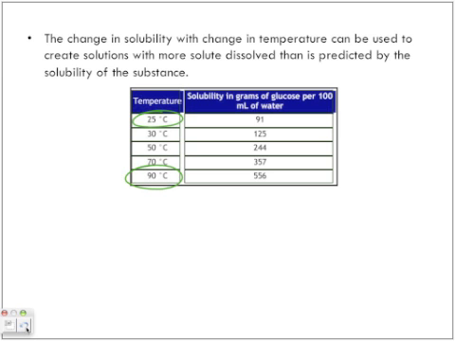So here, 91 grams of glucose can dissolve in 100 milliliters of water, right? And as we increase the temperature from 25 degrees to 90 degrees, look at the amount that we can actually dissolve. 556 grams of glucose can dissolve within 100 milliliters of water. So notice, as temperature increases, more solute can dissolve.